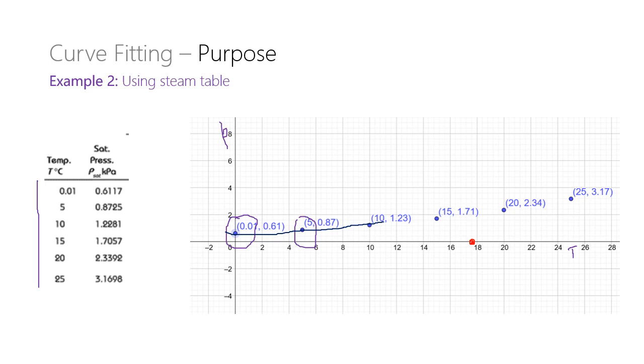Maybe there is a curve that goes through these points, and then I simply draw a vertical line from 17 degrees centigrade, go to the vertical axis, maybe somewhere here, and I get the value of pressure for a temperature of 17 degrees centigrade.